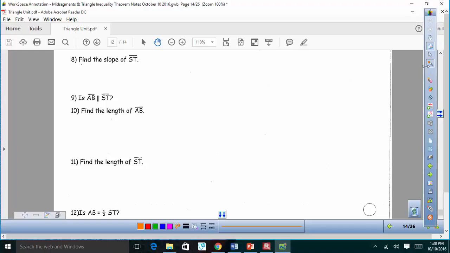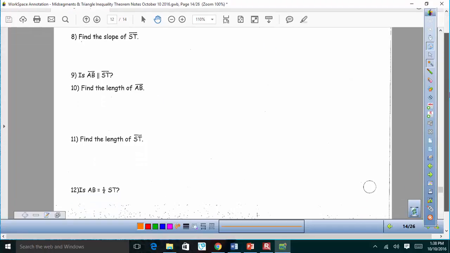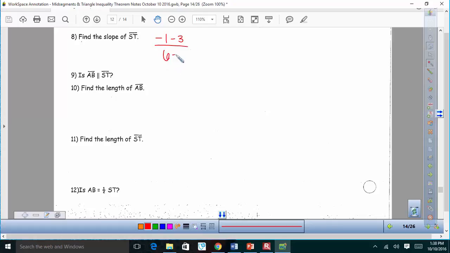Let's look at number 8. So, can somebody help me set up the slope for ST? It's y2 minus y1 over x2 minus x1, negative 1 minus 3 over 6 minus 2.